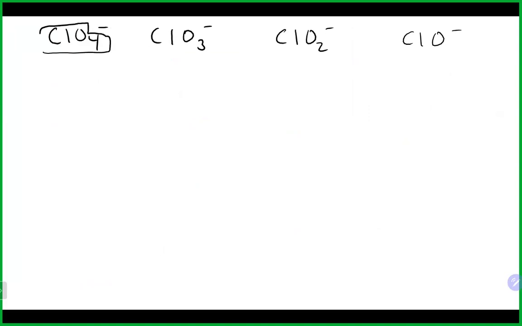Most commonly, one that you see, a group of 4, is ClO4 minus, ClO3 minus, ClO2 minus, and ClO minus. Every single one of these has a -1 charge. They're all moving together. Nobody's breaking apart.